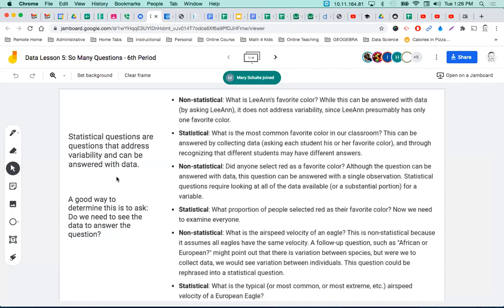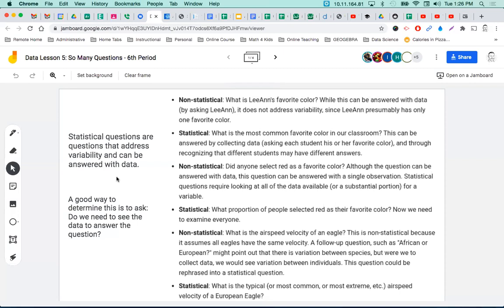Okay. So I'd say the first part of that is almost the most important, where it says it addresses variability. So it's talking about something where there are multiple possible responses.